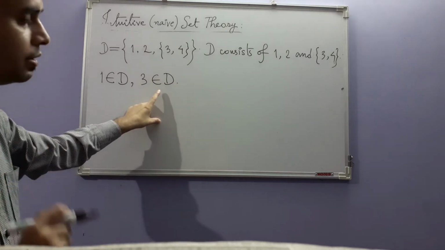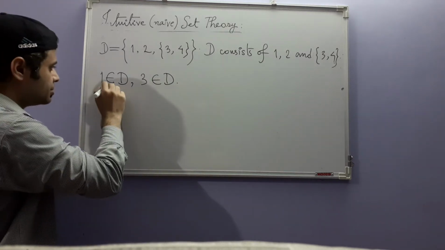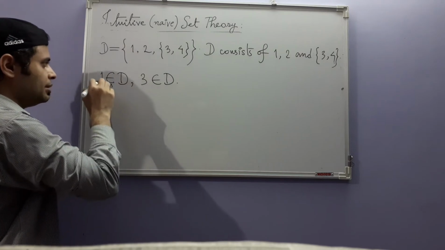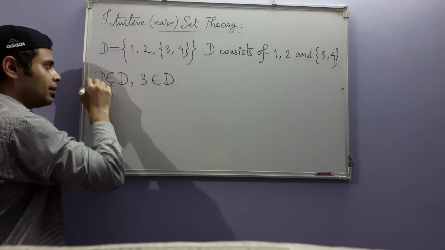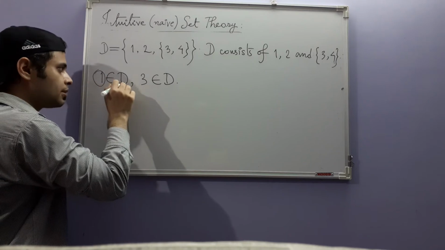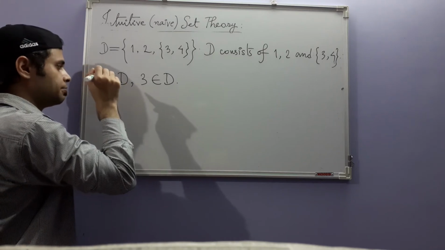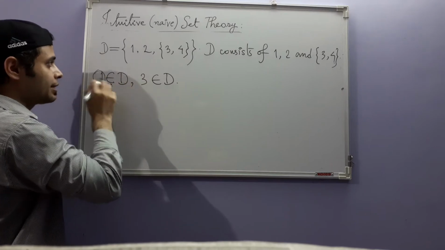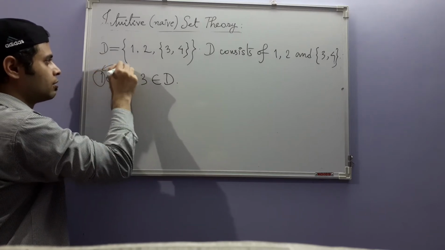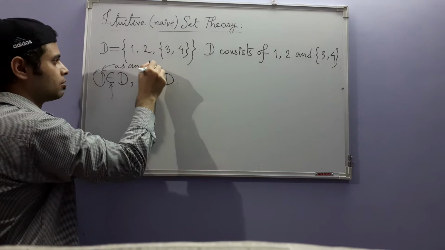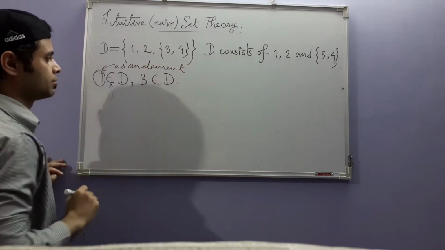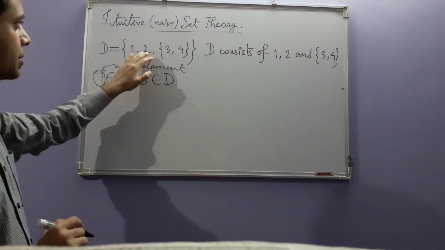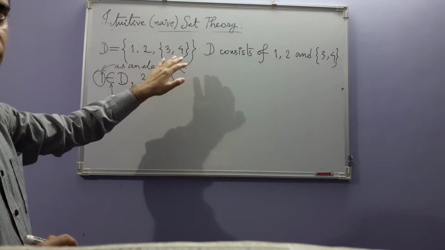But why? You see, when we use this symbol, we mean that whatever lies on the left hand side is inside the set on the right hand side as an element. Do we see 3 as an element here?